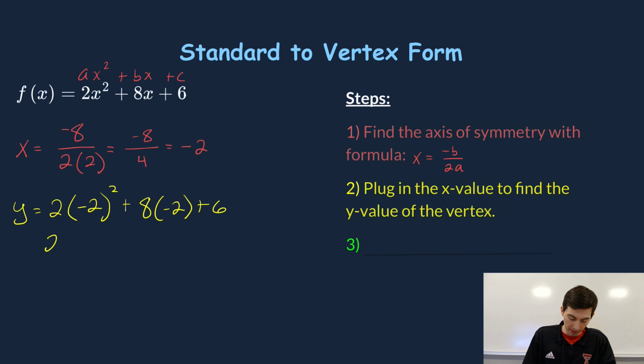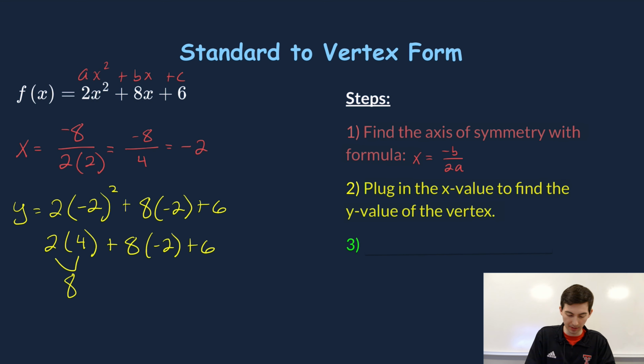And so we can say 2 times negative 2 squared would give me 4, plus 8 times negative 2 plus 6. So now 2 times 4 is 8, and then plus, or sorry, now we're going to have minus. 8 times negative 2 is going to give me a negative 16 plus 6.